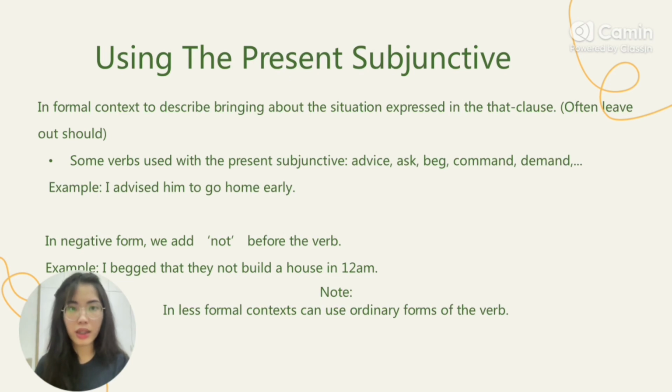So, in everyday spoken language, you may hear sentences like, I suggest that he is on time, which is more relaxed compared to the formal, I suggest that he be on time.